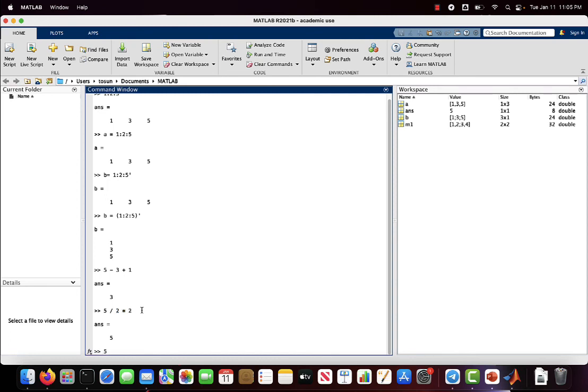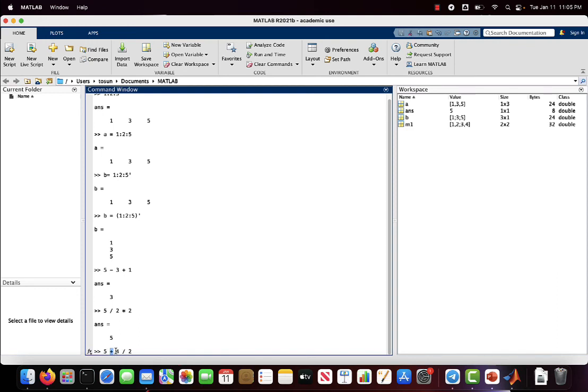And if you write here 5 plus 4/2, right now MATLAB will look at the precedence table and it will see that the division operator has higher priority than the addition operator.